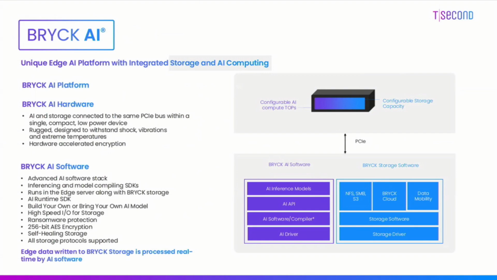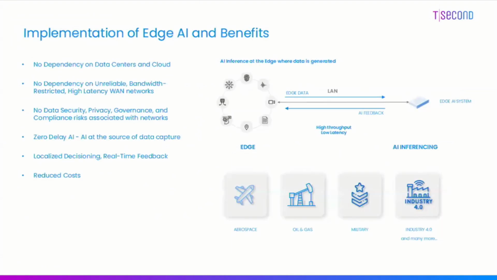And the AI processor engines we built within the BRYCK are highly power efficient. Compared to a GPU, it consumes a fraction of the power, which automatically enables various edges to deploy this BRYCK AI to capture data and do AI processing without connecting to the network, without connecting to the cloud. It provides this huge capability for all edge use cases.